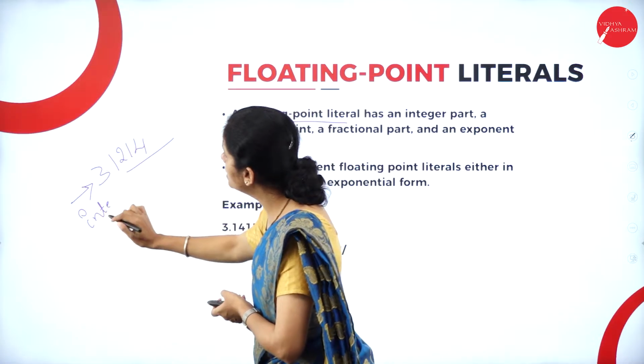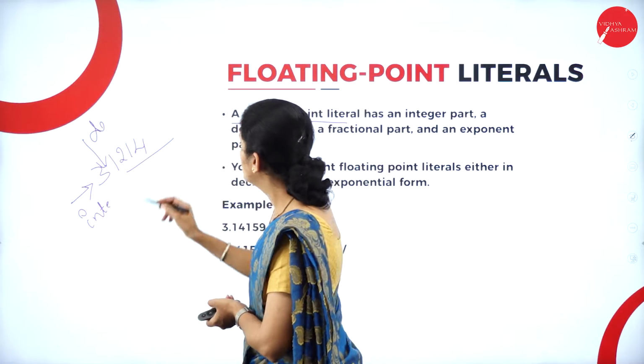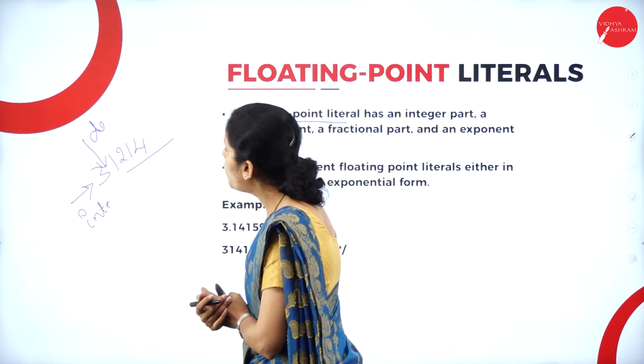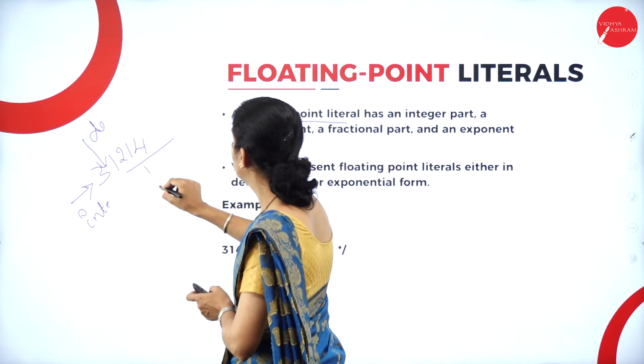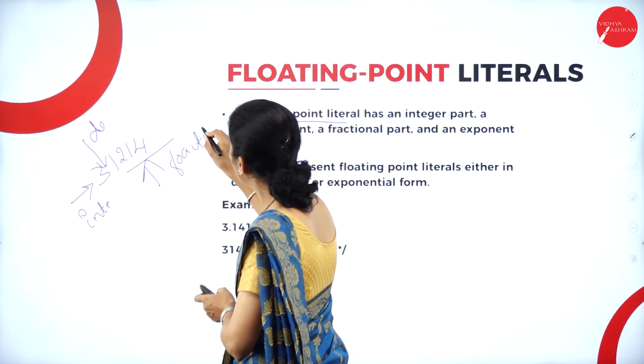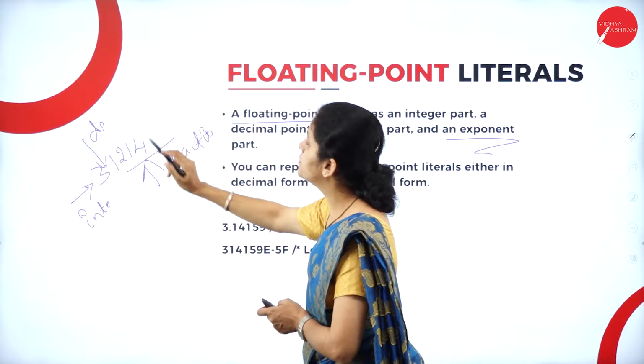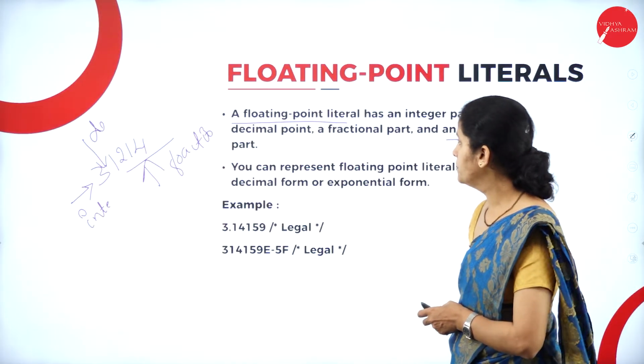Along with the integral part, I have the decimal point, that is the dot. Then I have 1214. This is nothing but the fractional part. Along with that, I can have an exponent part.